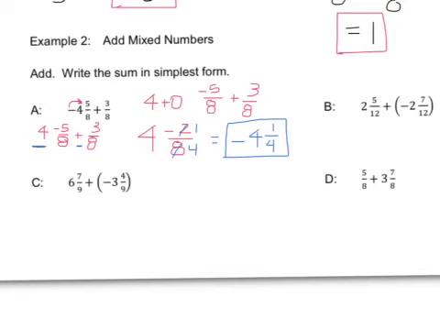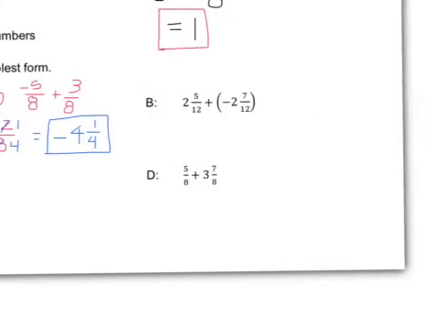Okay, let's go ahead and look at B. For B, we've got this negative, so let's move it over here. We have a 2 from the first part, so let's put a 2, plus we've got a 2 from the second part. Then we have a 5/12 plus a -7/12. Since we moved that negative, it goes with the fraction.